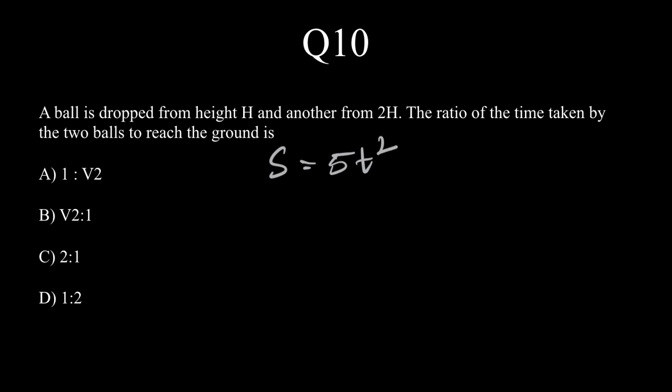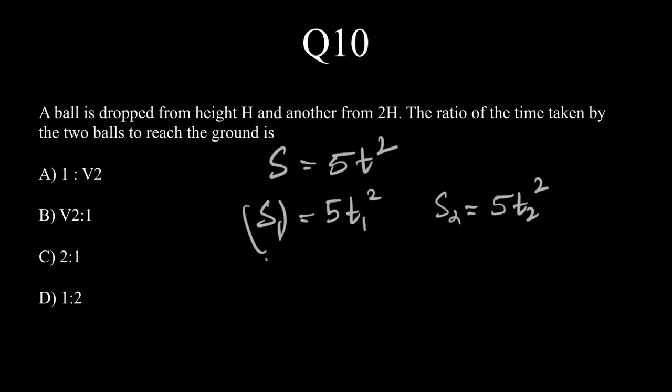Now, in this case, we have s1 is equal to 5t1 square, and for the second ball s2 is equal to 5t2 square. What is s1? It is the height from which the ball is dropped, right? So h is equal to 5t1 square, and s2 is 2h, given in the question, equal to 5t2 square.